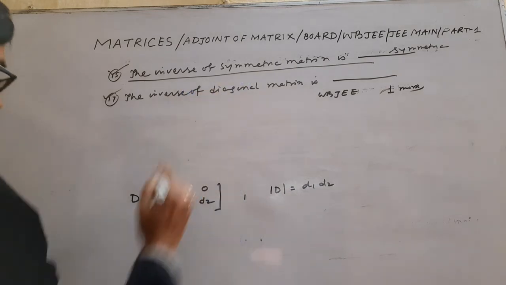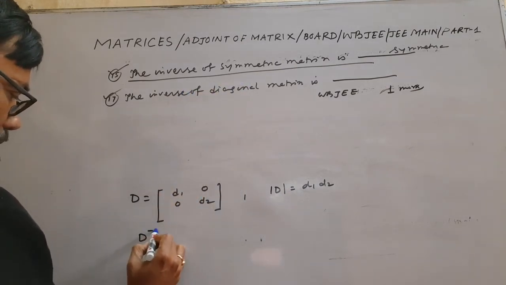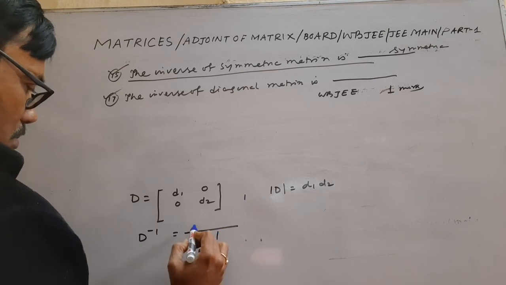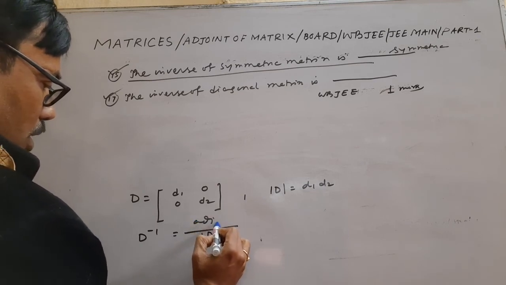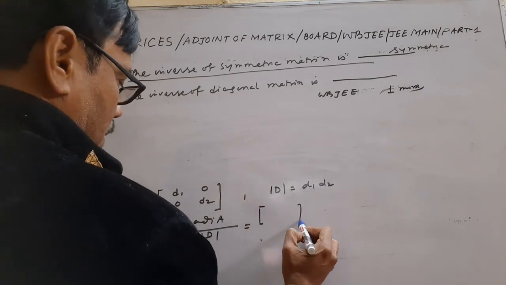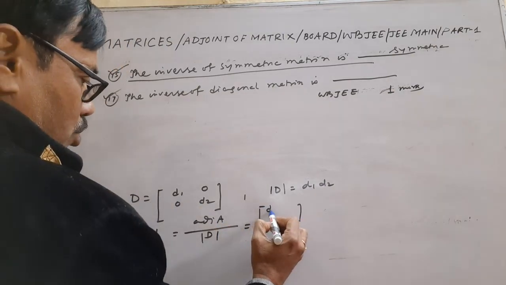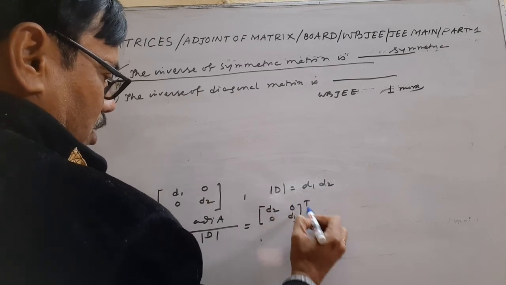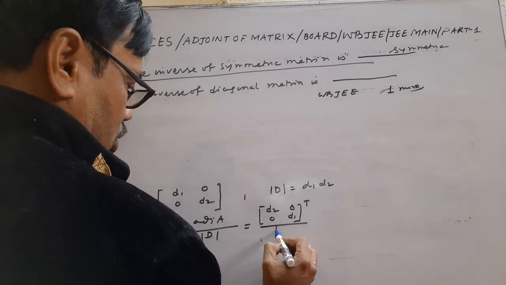So D inverse equals to adjoint of D by determinant D. So what is adjoint of D? This is D2, 0, 0, D1, then transpose. This is D1, D2.